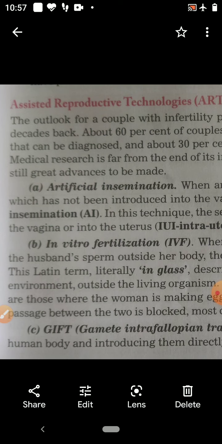Children, you know, infertility is a condition in which a couple is not able to produce a baby. So why is the couple not able to produce a baby?